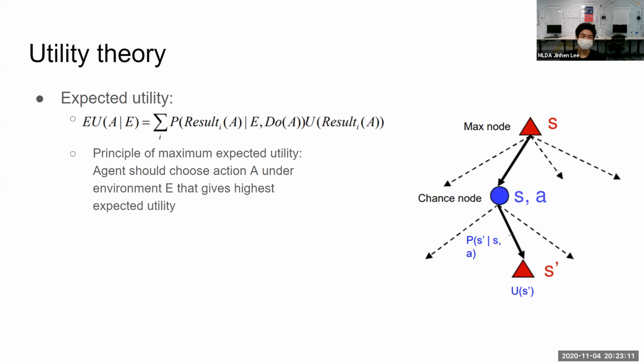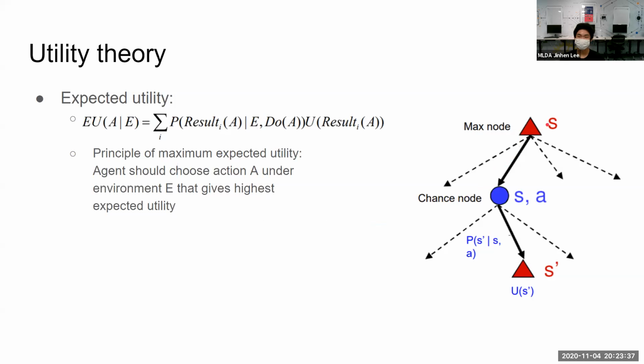In this case, for expected utility, it is the utility of your next state after you take this action A, multiplied by the probability of reaching this next state Result_i of A, given that in this environment you carry out this action A. I'll explain with this diagram.